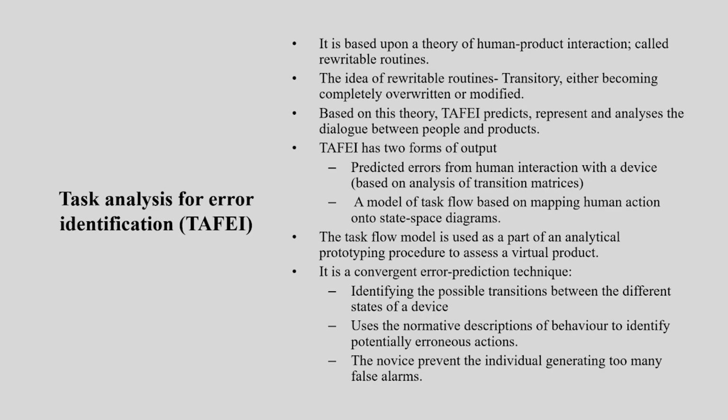And the second component, what you get as an output, is a model of task flow based on the mapping of human action onto a state space diagram. Okay, it's very important, in the form of a state space diagram. So how the information is processing, it's a mapping of human action.